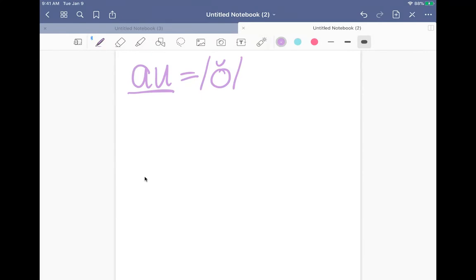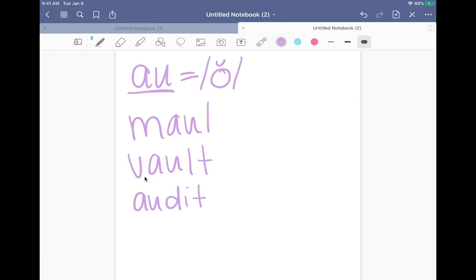So now that we've seen a couple of these words, I am going to write out the rest of your spelling list, tell you what the words say, and then I'm going to demonstrate how we would pound and tap a couple of these words. So the rest of your words on your list are all following this AU says aw rule.